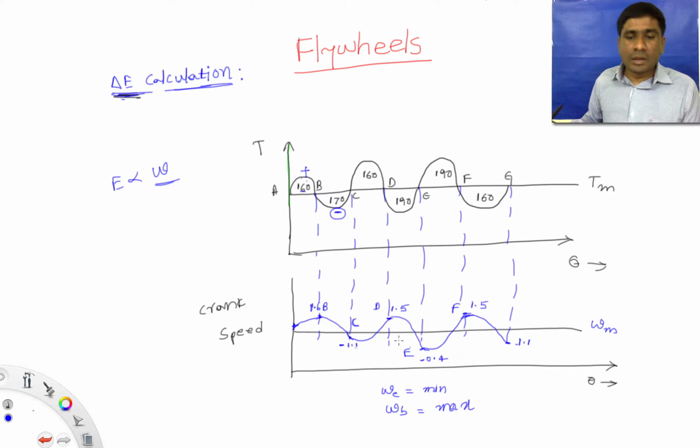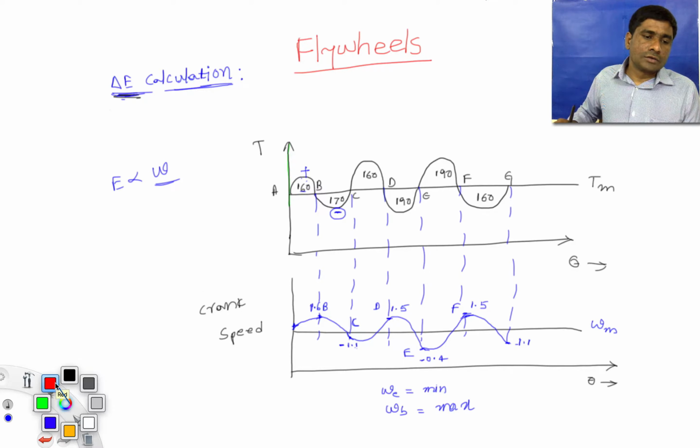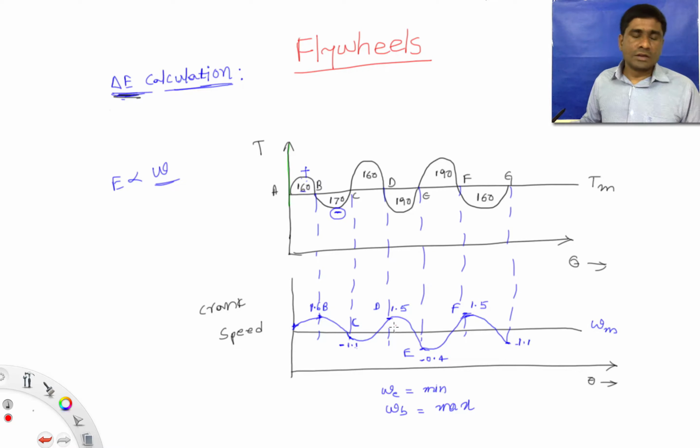So the area between these two is delta E, as we already discussed, because delta E is E1 minus E2, where E1 is the energy corresponding to the maximum angular velocity, and E2 is the energy corresponding to the minimum angular velocity. If you draw this to this one, this is the area and this is E. So the area between these two is delta E. What is the area between these two?